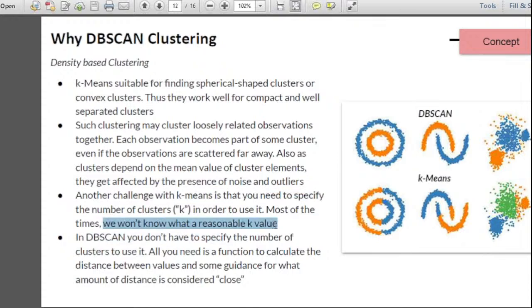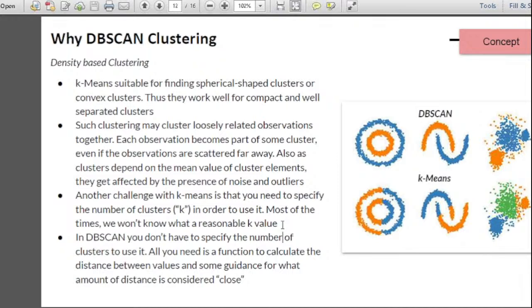Sometimes you don't know what is a reasonable K. If the data is too dense, it is not easily separable, and many times we don't know the optimal value of K.